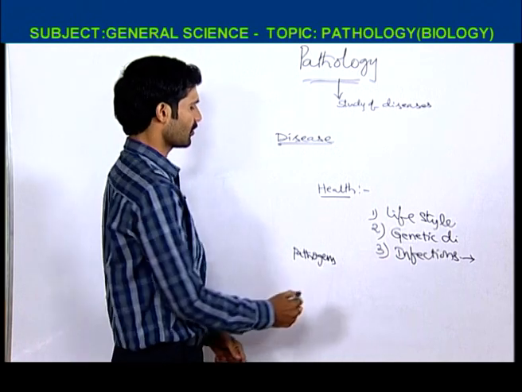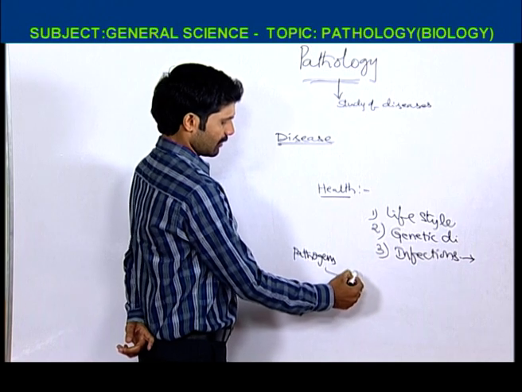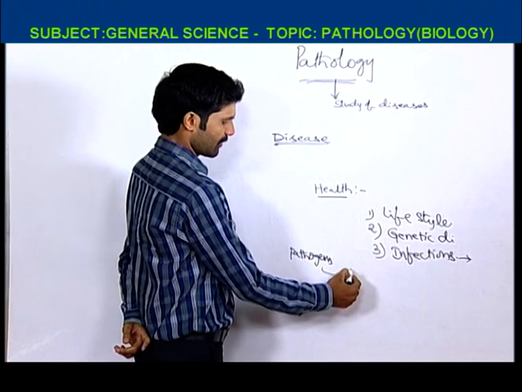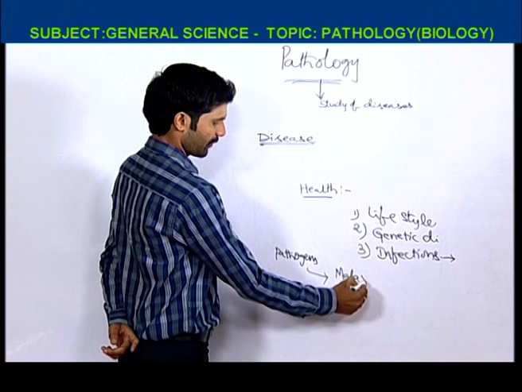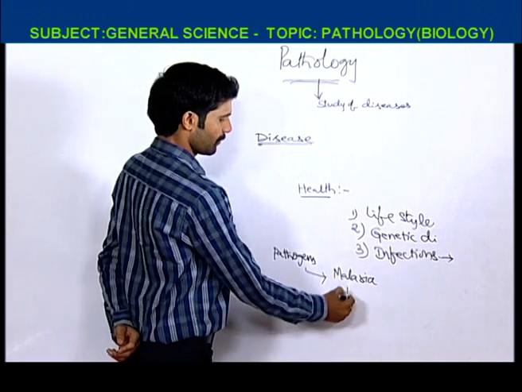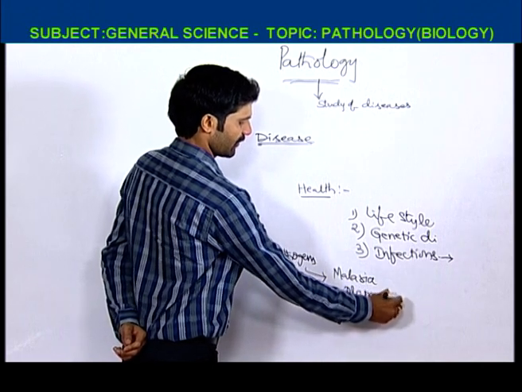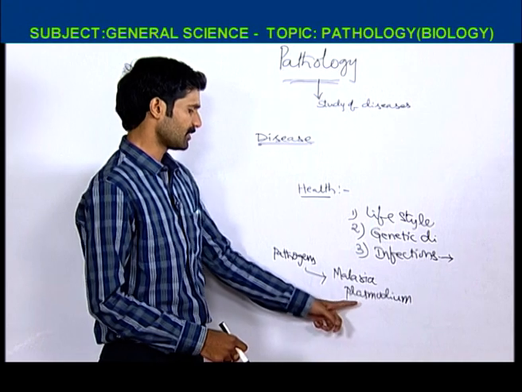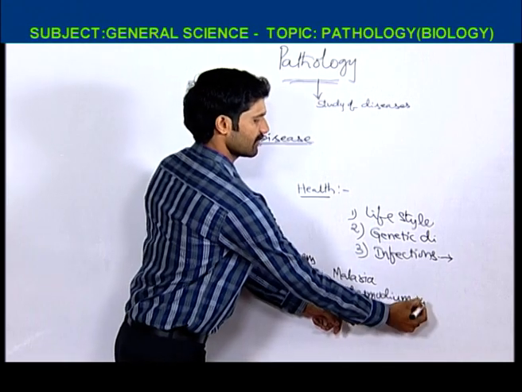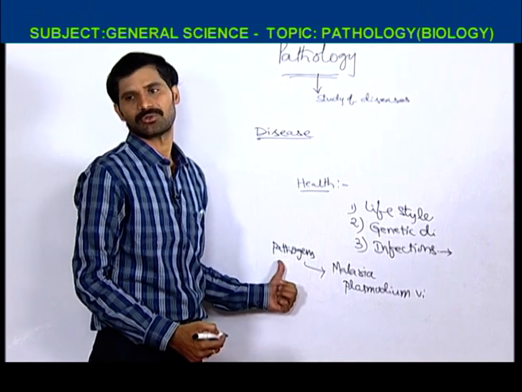For example, malaria is a disease caused by Plasmodium vivax. That means Plasmodium vivax is the disease-causing agent, namely the pathogen.